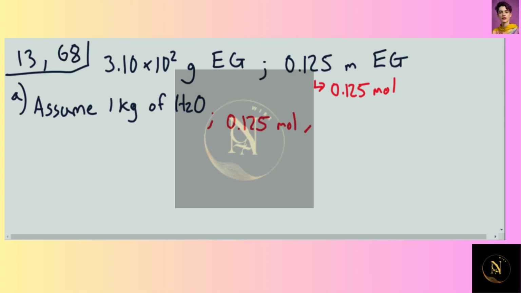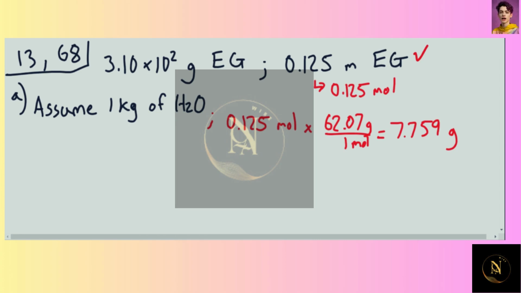times 62.07 grams per mole, this is the molar mass of ethylene glycol, is equal to 7.759 grams. So now we know how much mass of ethylene glycol there is in a solution of this concentration in 1 kilogram of water.